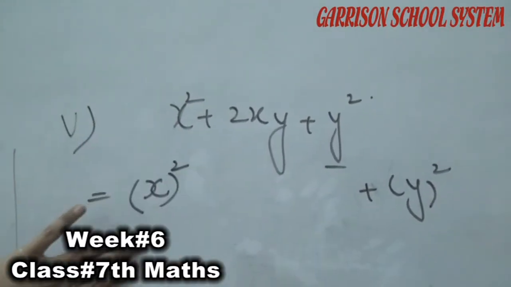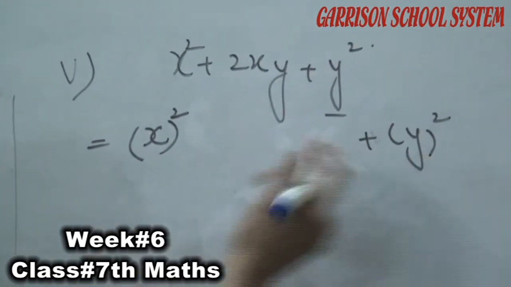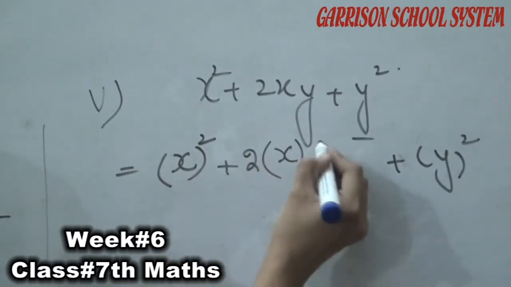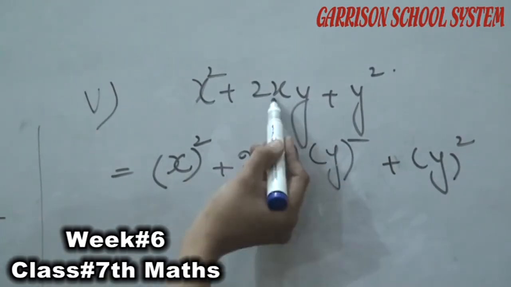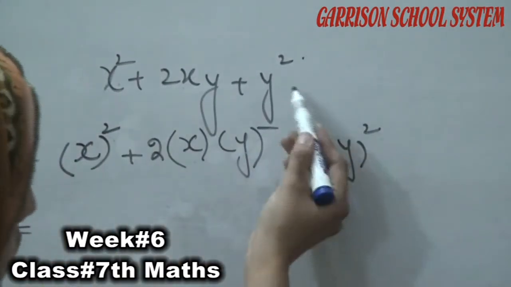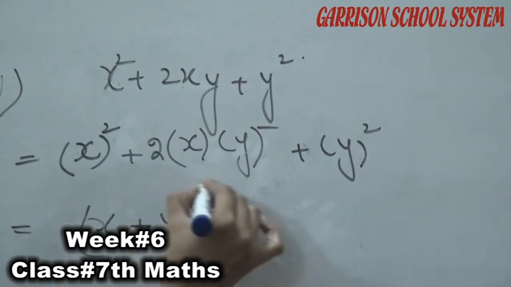According to the formula, plus 2 into first term into last term. 2 into x into y will produce 2xy, x square will produce x square, and y whole square will produce y square. Now I have to close it. How will I close it? By using this formula, first term plus last term whole square.